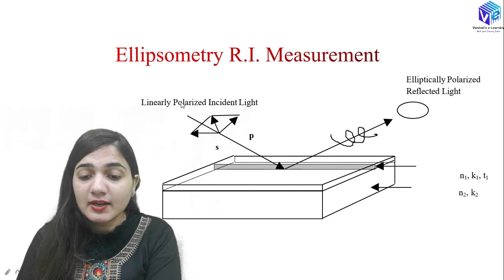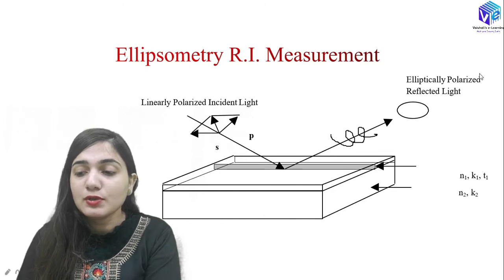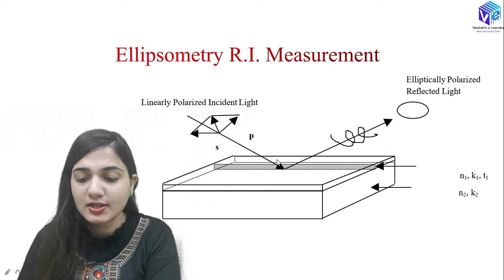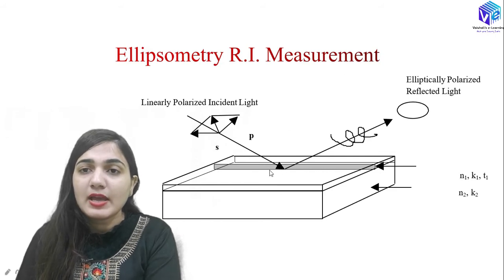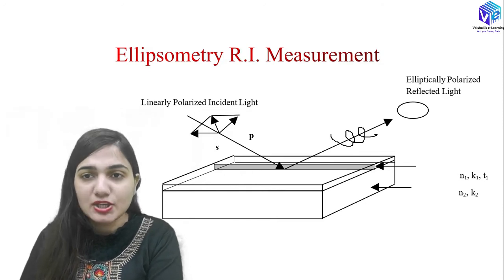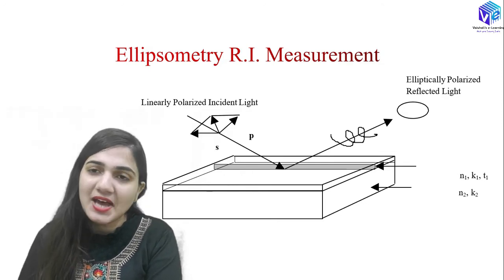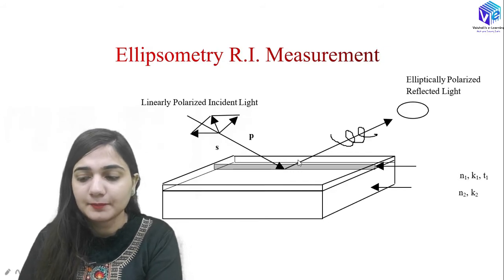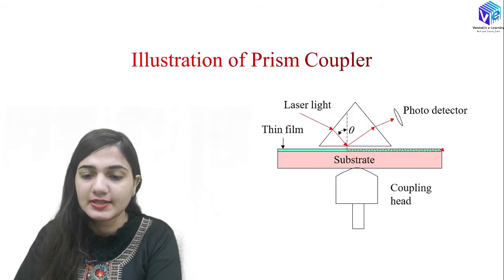The linearly polarized light is converted into elliptically polarized light with the help of reflection from this thin film. If I have different types of thin film, the level of elliptical polarization will be different. This is how we can measure the refractive index of the given thin layer. We can measure the thickness as well.